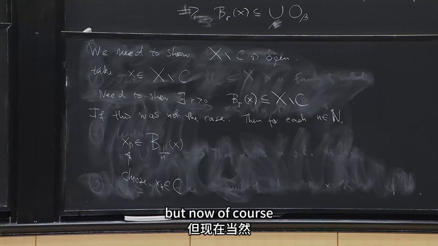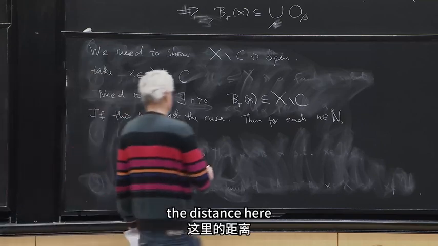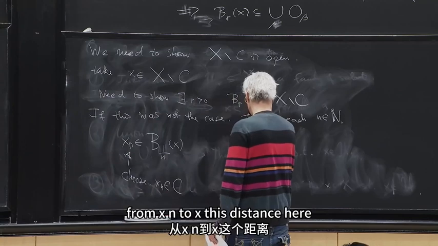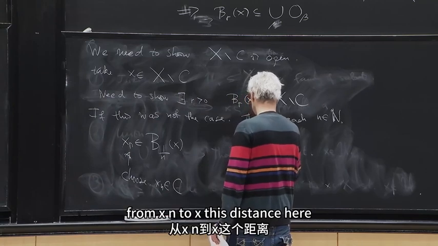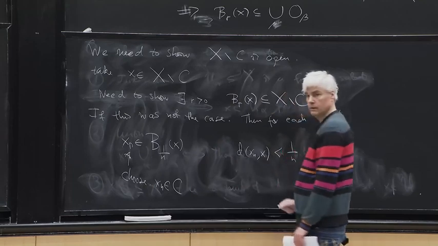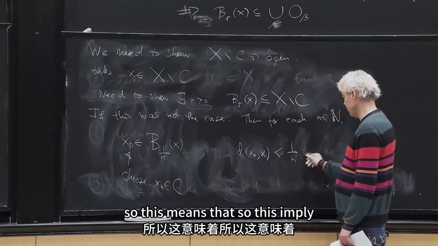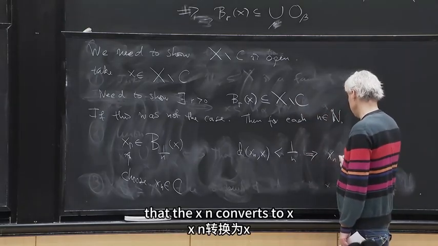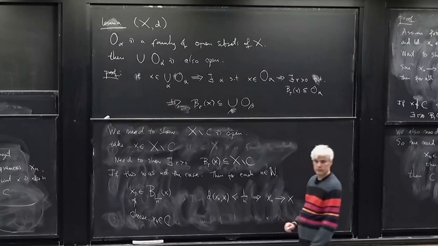But now, of course, the distance from xn to x is strictly less than 1 over n. So this implies that the xn converges to x, right?